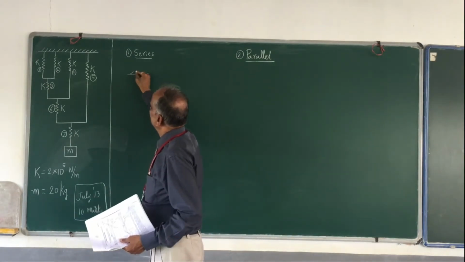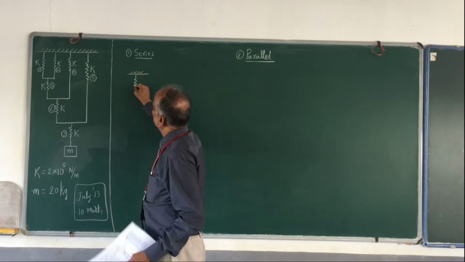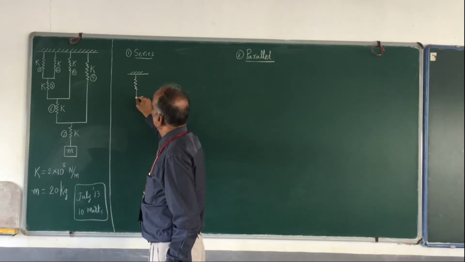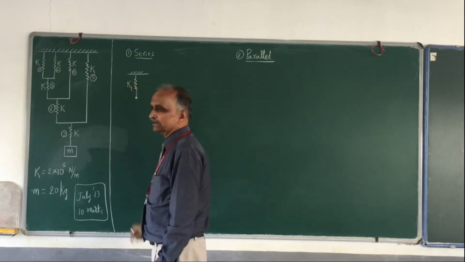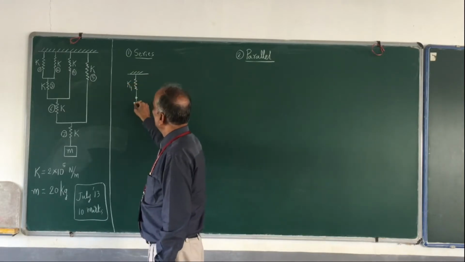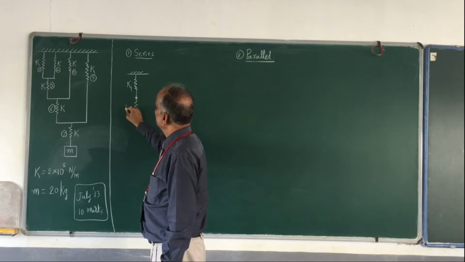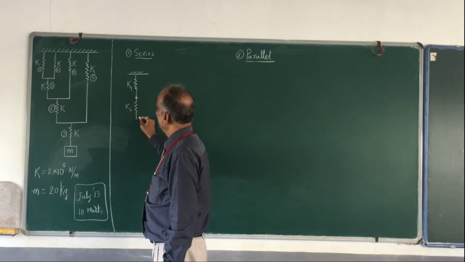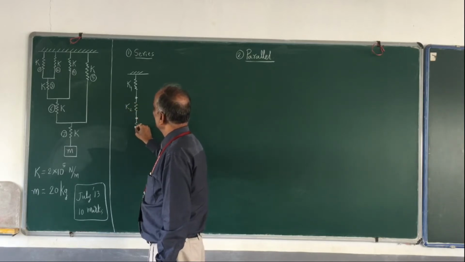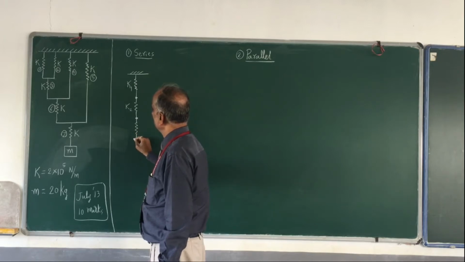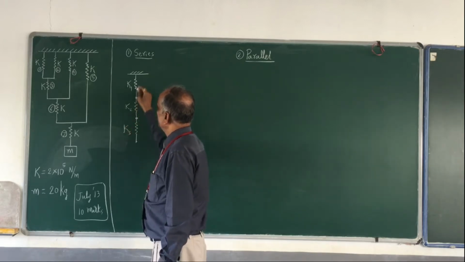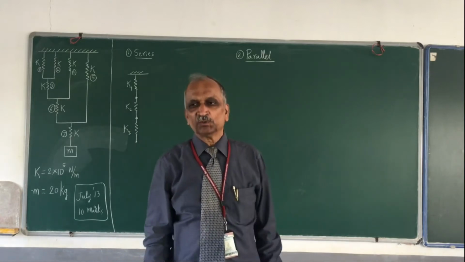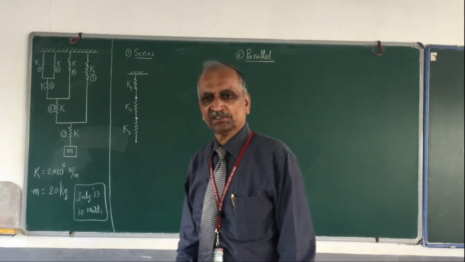So if I have 3 springs, this is 1, whose stiffness is say K1. Then I have another spring, say K2, and I may have any number, but I am restricting it to 3 springs, say K3. So I say that 3 springs K1, K2, K3 are in series.